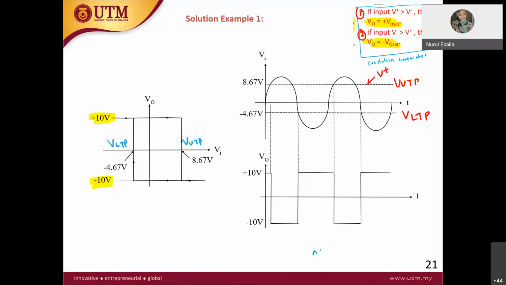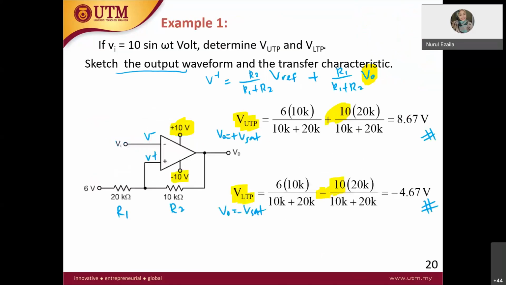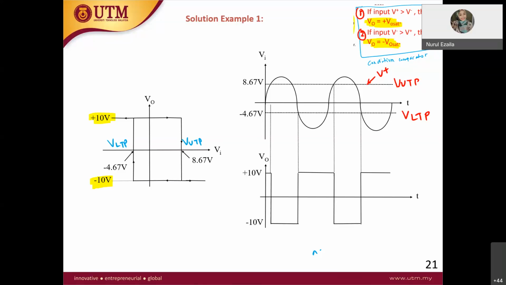Now, where is your V minus? V minus equal to what? V in. Yes, V minus equal to V in.